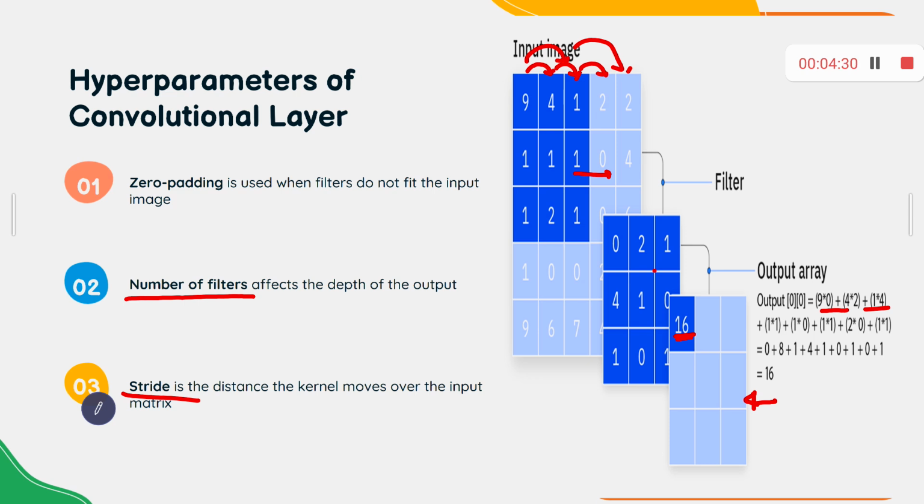To match the input array size with the kernel, sometimes you have to add zero padding. That may be an extra column at the end of the image, or an extra row, which is also possible. That will make your output array match the size of the processing. So sometimes zero padding is applied.